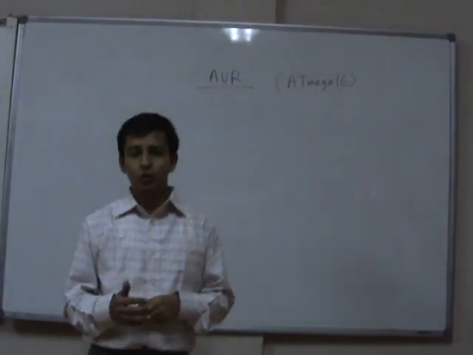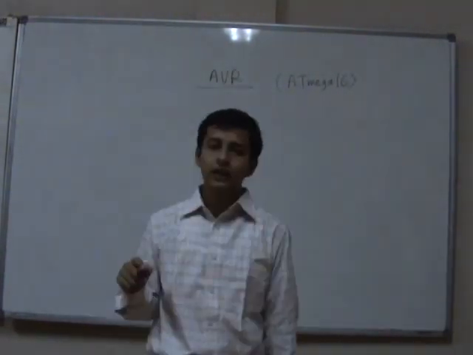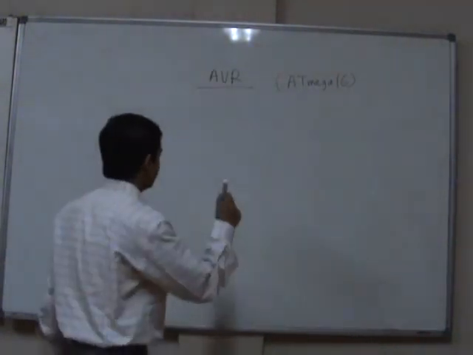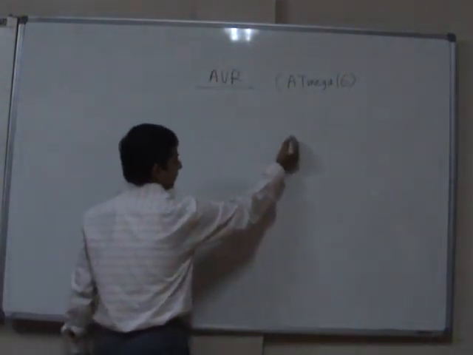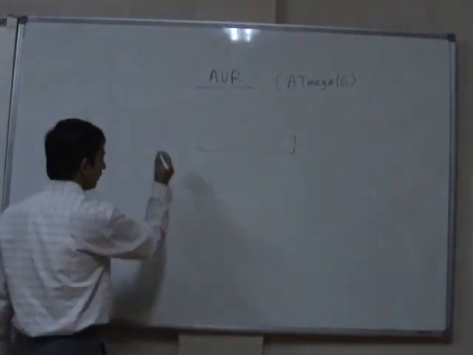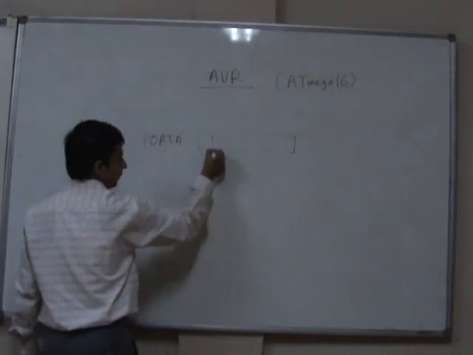While writing a C program, you don't have to bother about all these things because the compiler will take care of it. Then the third important thing that you have to remember is every bit in the port related register, for example, a register called PORTA.